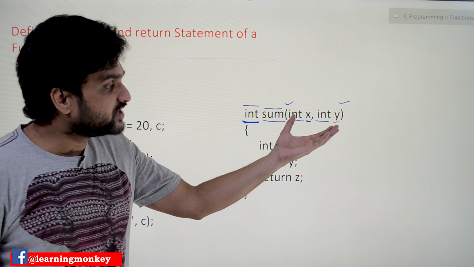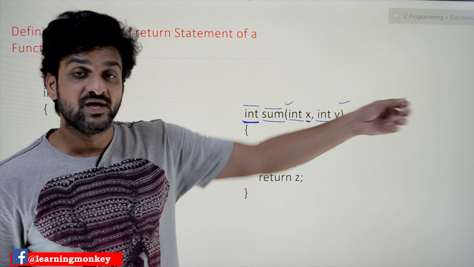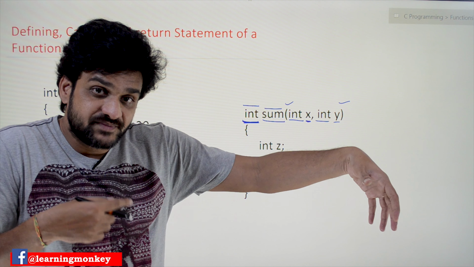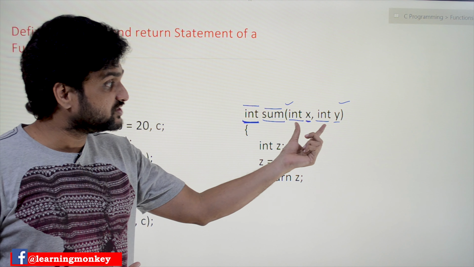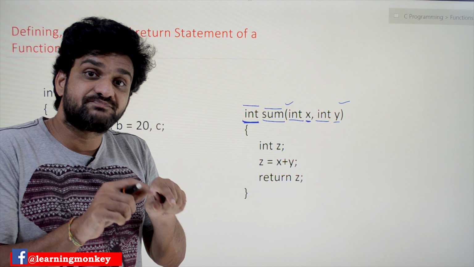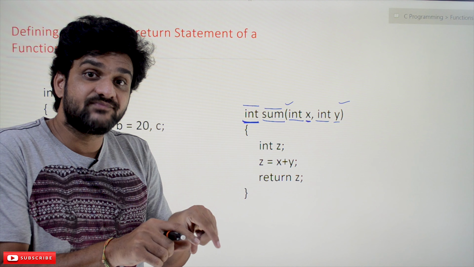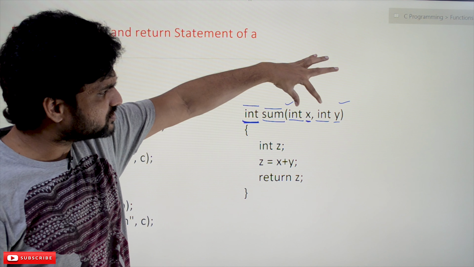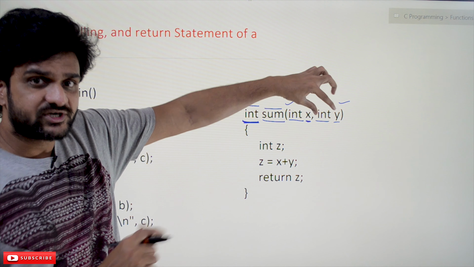For example, if we have 10 parameters, all those 10 parameters have to be defined in the same way. Even though we have two variables of the same data type, we have to specify the data type for each and every variable. What these parameters are, in a bit we will try to understand.